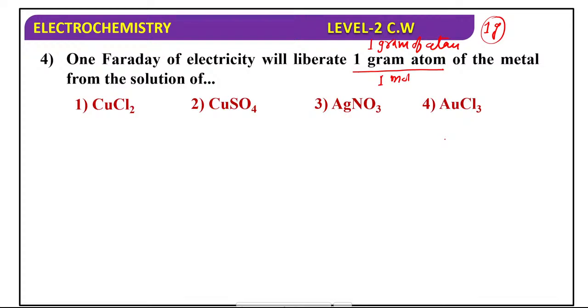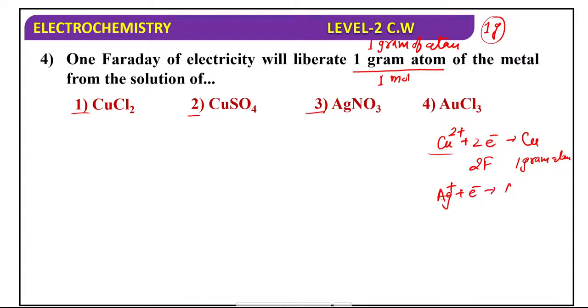So if we talk about the first case, in this case 2 Faraday will deposit 1 gram atom. First and second. In the third case, Ag plus will gain 1 electron. So 1 Faraday will deposit 1 mole, 1 gram atom.